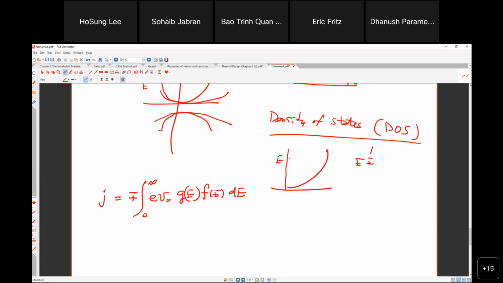And then the Fermi energy, and the Fermi energy distribution. So number of electrons, something. What exactly is the density of states, and then the electron concentration?